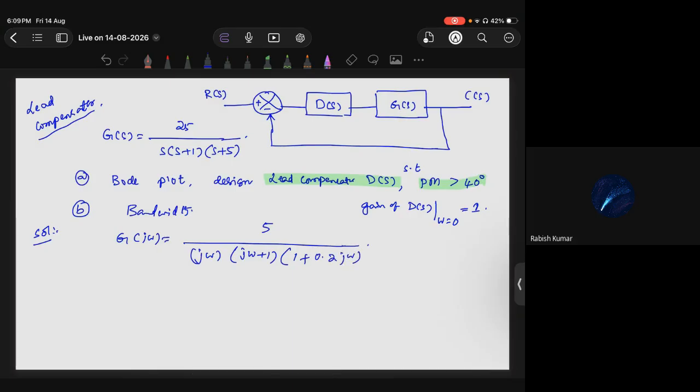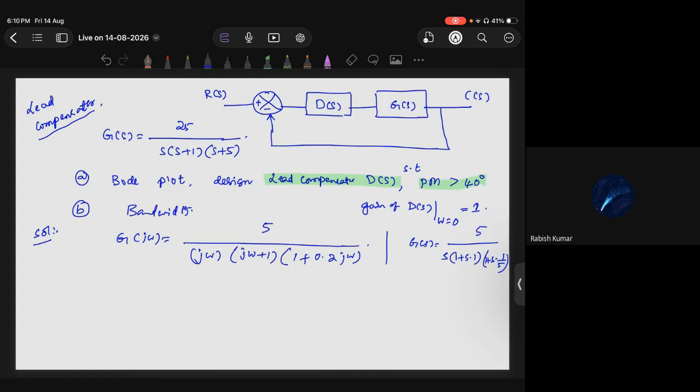Because we wanted to write it like this: Z of S equal to taking 5 common, so you'll get 5 by S multiplied by 1 plus S, multiplied by 1 plus S by 5. Okay. So that is written like this after substituting S equal to j omega.